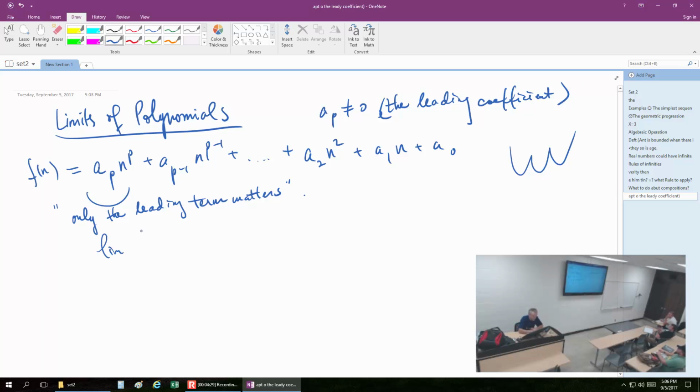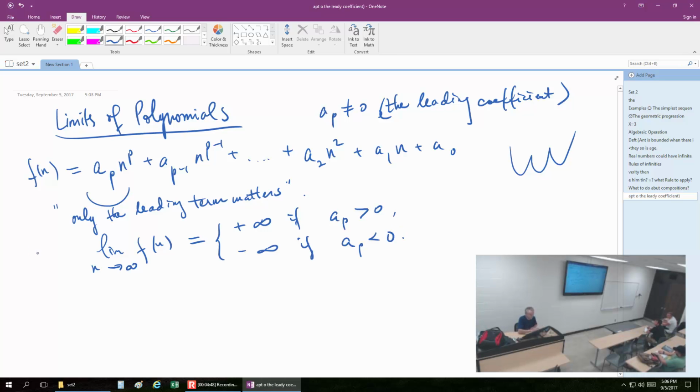So the limit of f of n is either plus infinity or minus infinity. If the leading coefficient is positive, you have positive infinity, otherwise it's negative infinity.